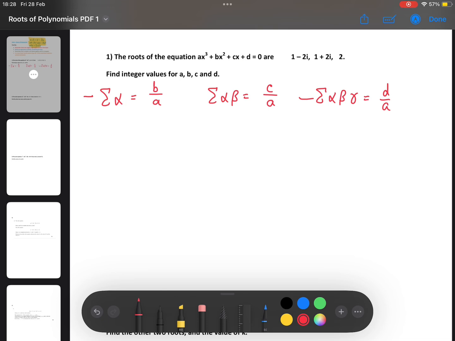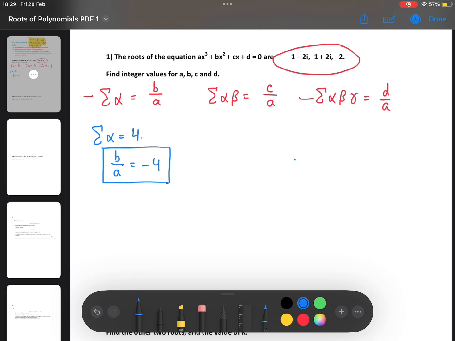And so for the sum of the alphas, we're just going to add up our three roots over here. So if we do that, 1 minus 2i, add 1 plus 2i, add 2, gives you the sum of the alphas is 4. So b over a is minus 4. That's the first thing. And secondly, this one gives us the sum of the alpha betas.